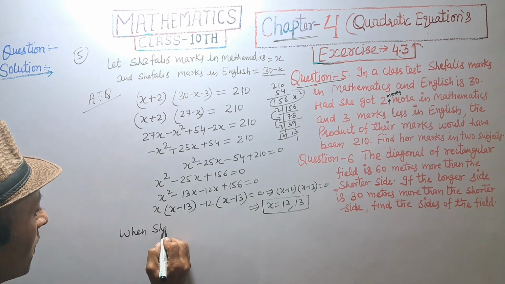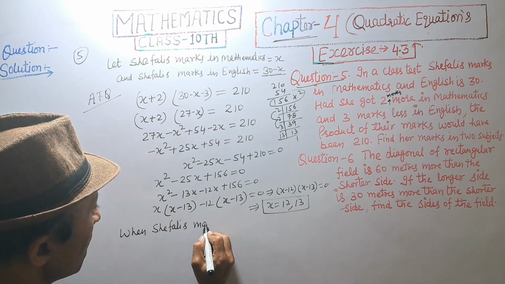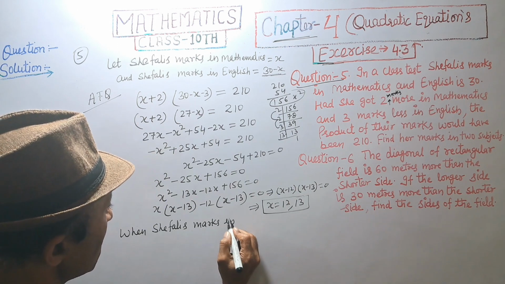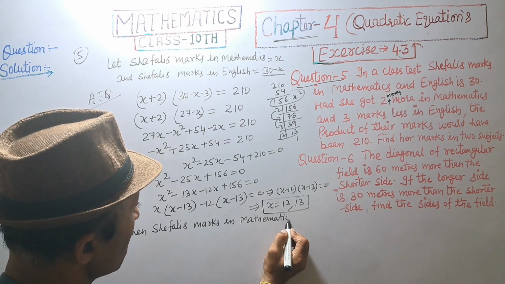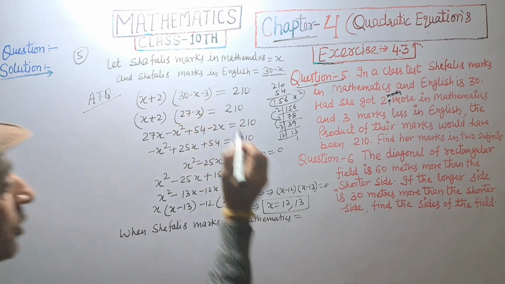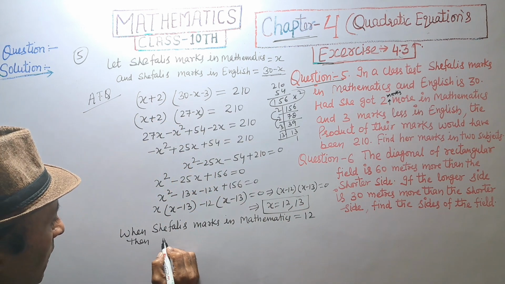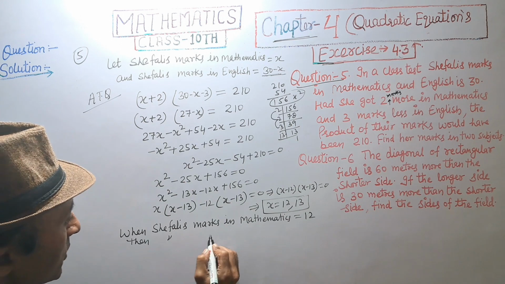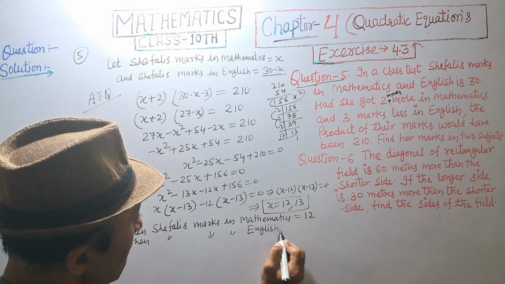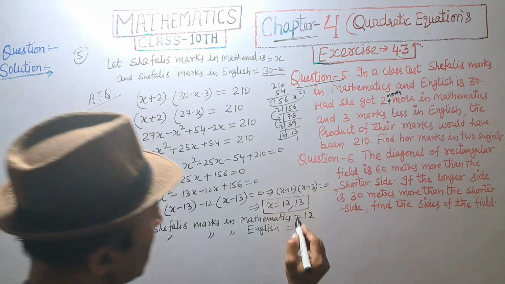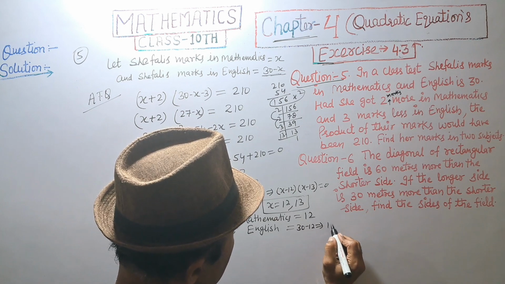When Shefali's marks in mathematics is equal to 12, then Shefali's marks in English is equal to 30 minus 12, that implies 18.